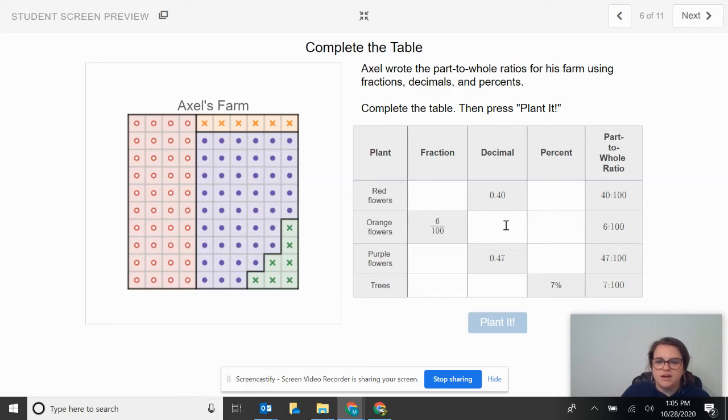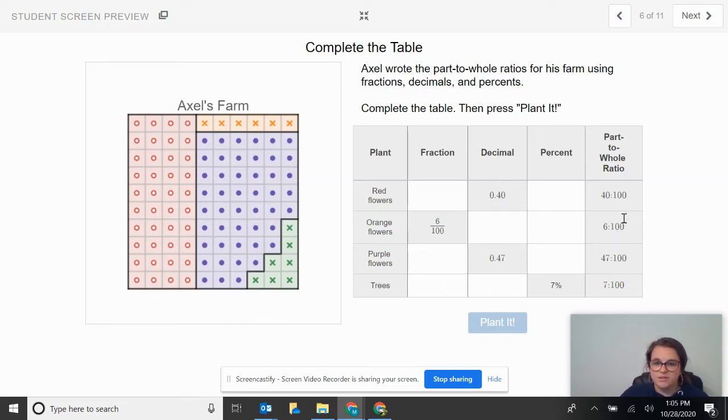It tells us that there are 6 orange flowers out of 100. It tells us that there are 47 purple flowers out of 100. And it tells you that there are 7 green flowers or green trees out of 100.